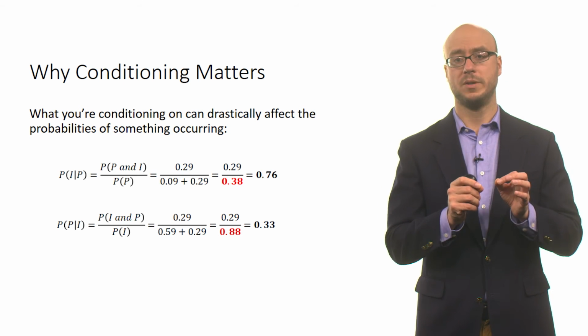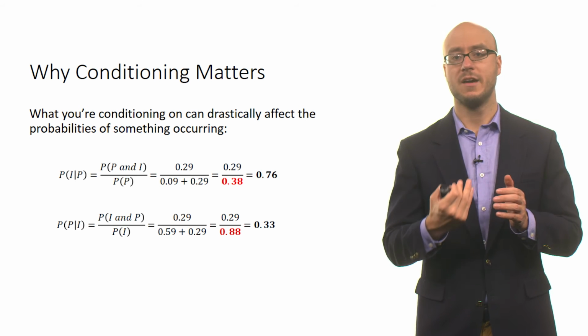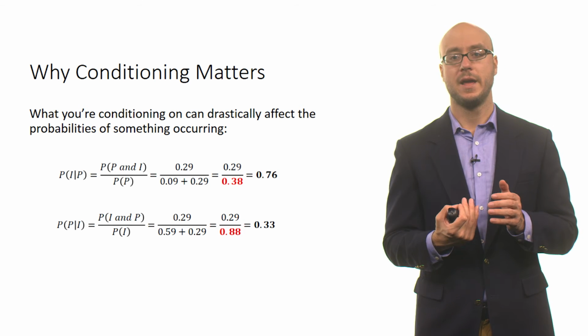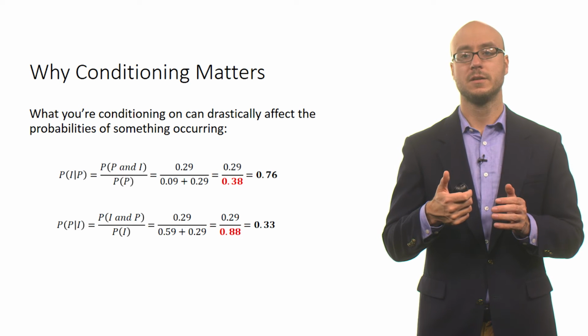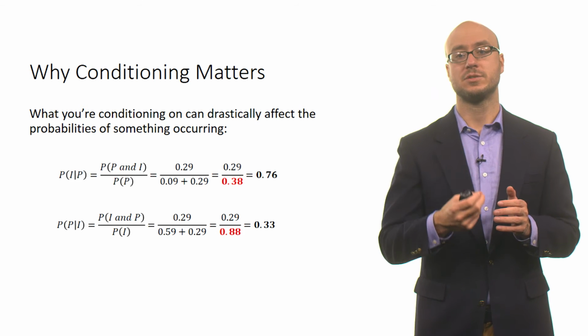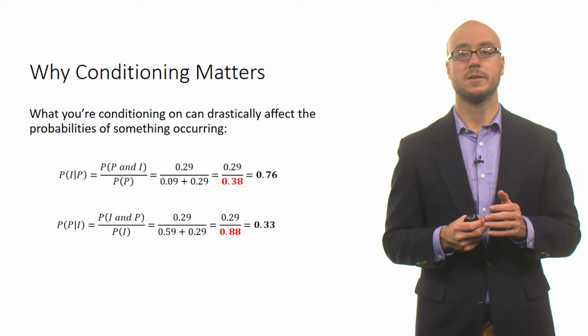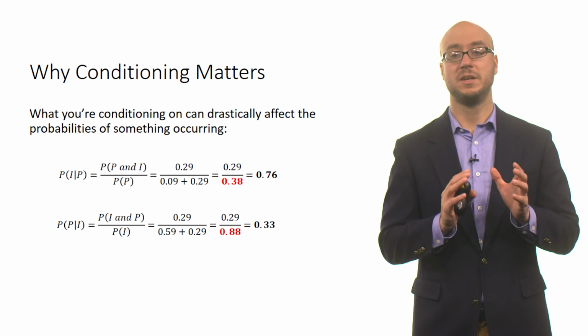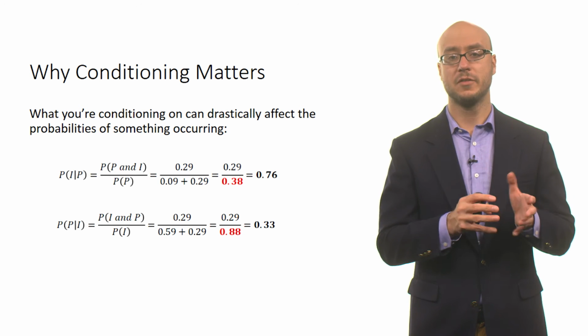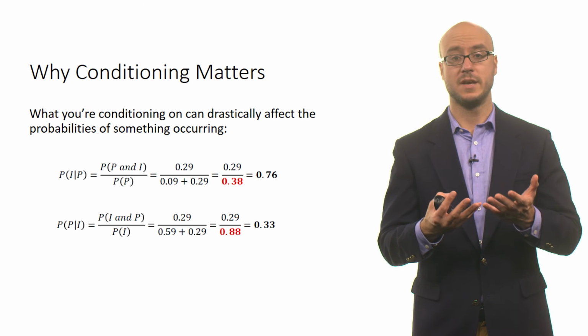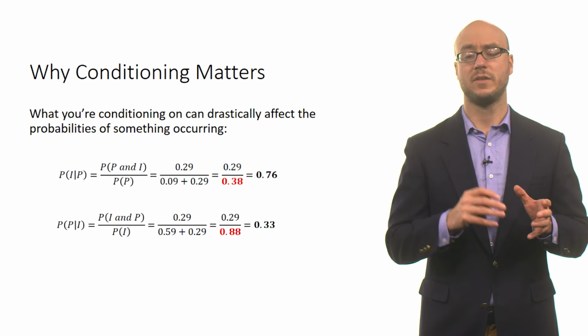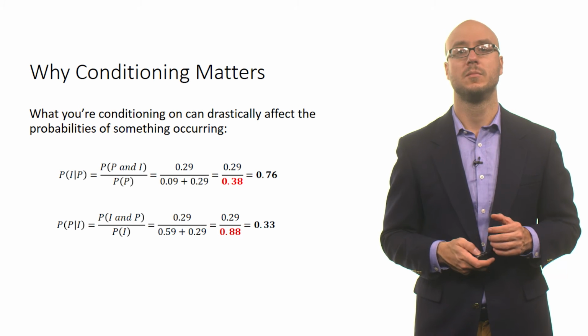So the joint probability is the same, but what we're conditioning on affects that denominator, and the larger that denominator, the smaller that conditional probability gets. In this case, the probability of having health insurance given you're poor is 0.76, and the probability of being poor given you have health insurance is 0.33.